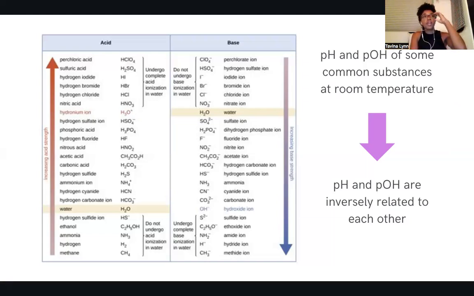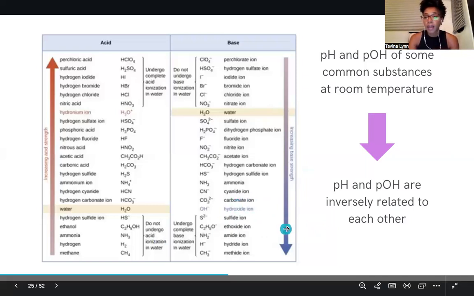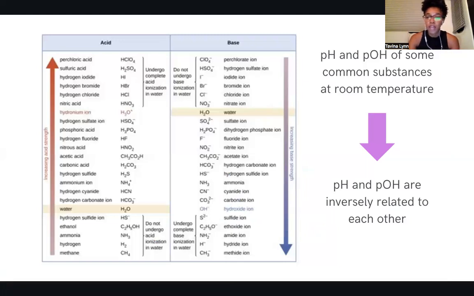It would actually be 12, because pH plus pOH equals 14. So there is this inverse relationship. If we look at a base such as hydroxide ion that is a strong base, we would find that its pH would be low, but the pOH would be really high because it's a strong base. So the main takeaway is that pH and pOH, which measure acid and base strength, are inversely related to each other.